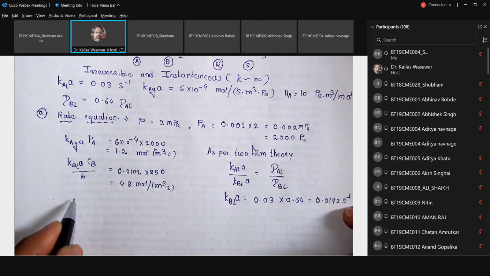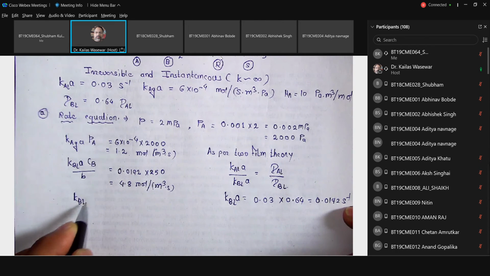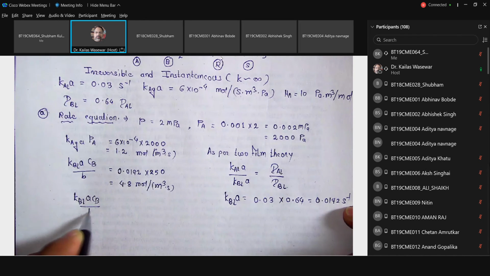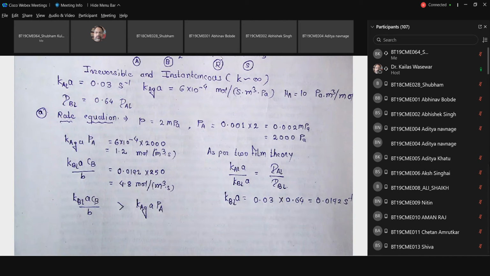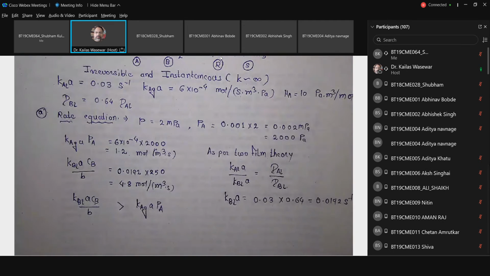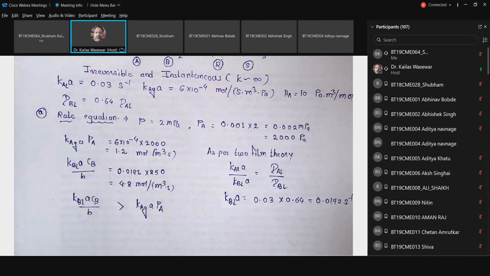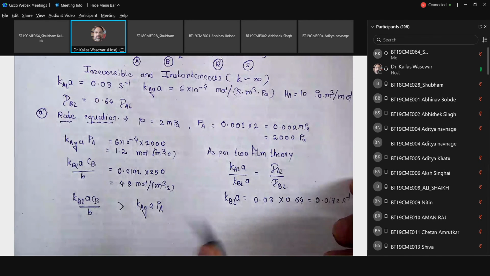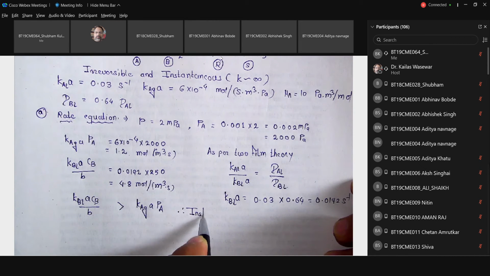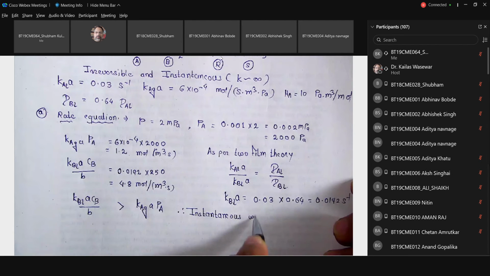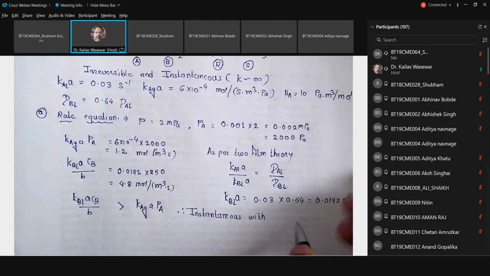So KBL ACB upon B is greater than. So which condition it is? If you recall this one, instantaneous reaction it is there, but with high CB or low CB. So this is the case for what? With high or low.